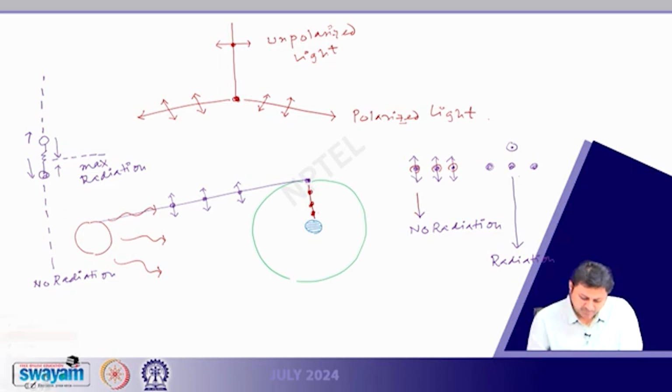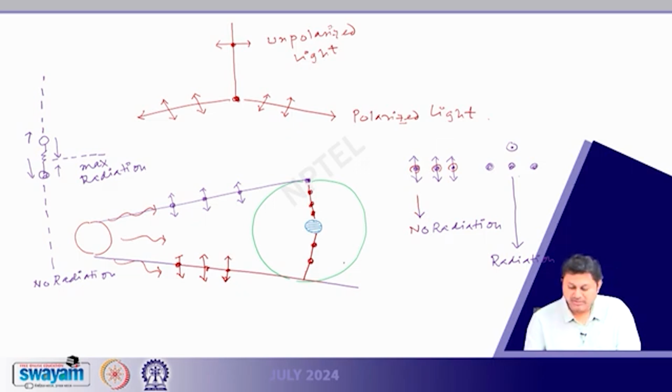The same thing happens in the opposite case, when the light falls from the opposite direction. When I look at it from here, we will see that only these components will be there, even though there was unpolarized light coming from the sun.